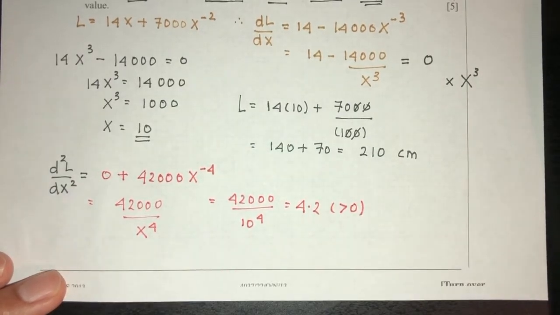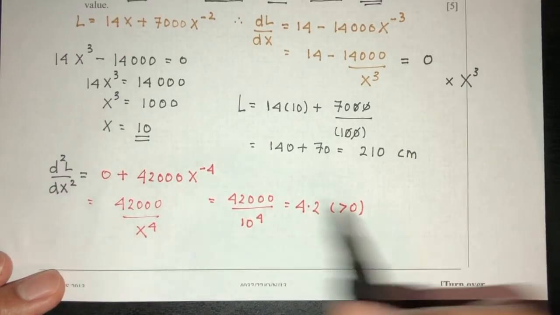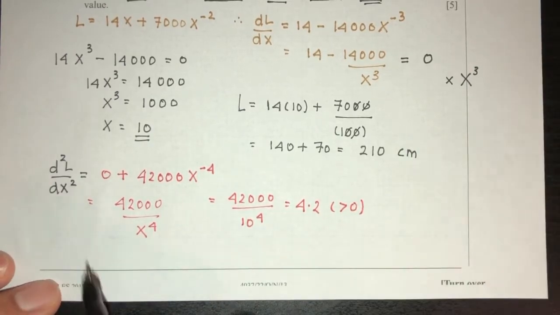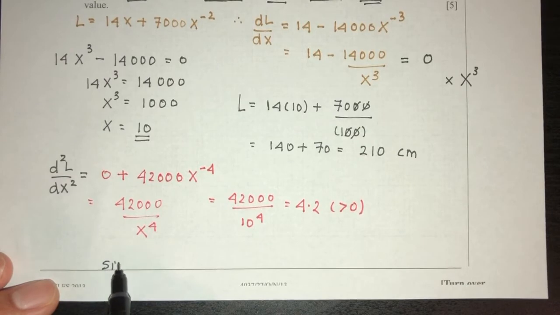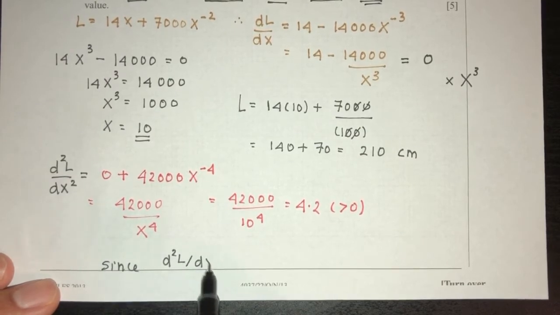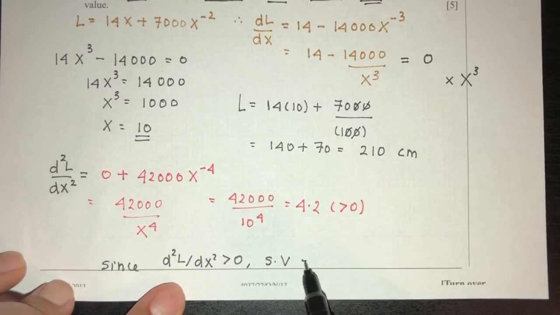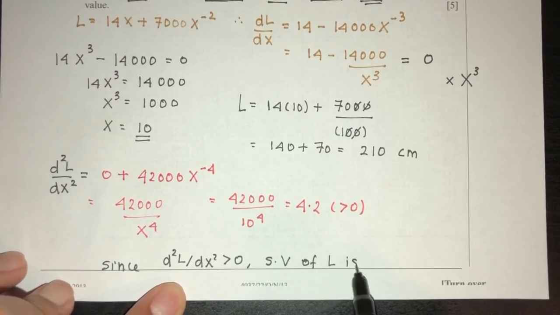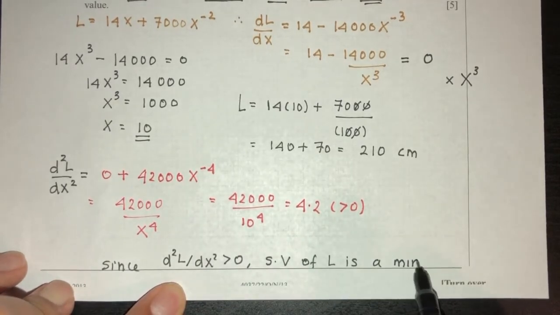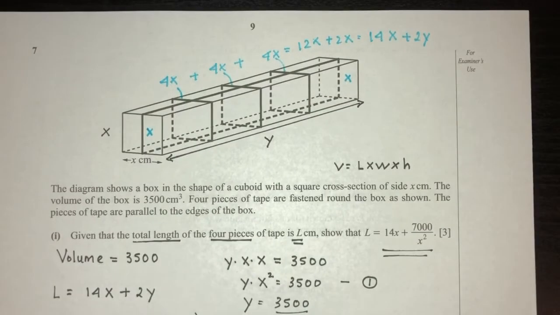So you can just write, since d2L by dx2 is more than 0, the stationary value of L is a minimum value. Okay, and that will be your question number 7.